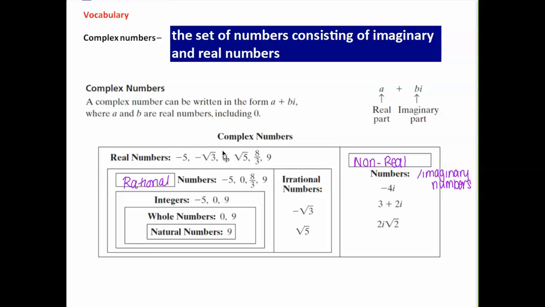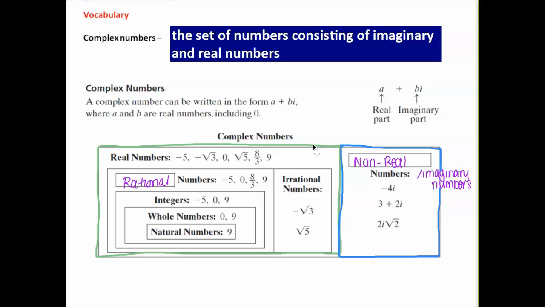So here's where we've been living in mathematics. We've been living in this box over to the left called the real numbers, and it's been focused mainly on rationals and irrationals. Well, today your box got larger. Today we're going to incorporate the imaginary numbers.